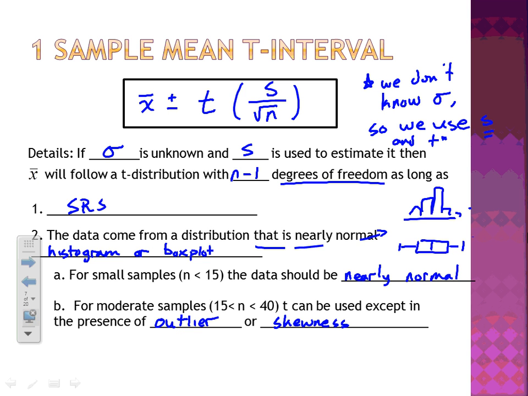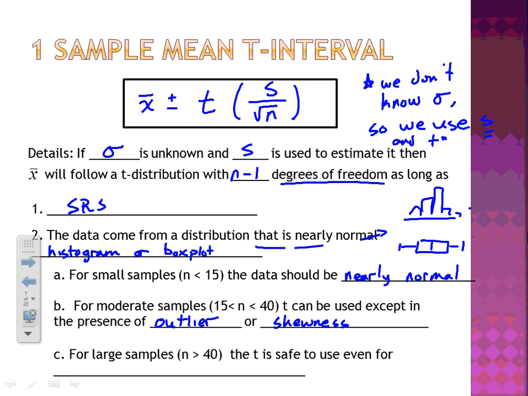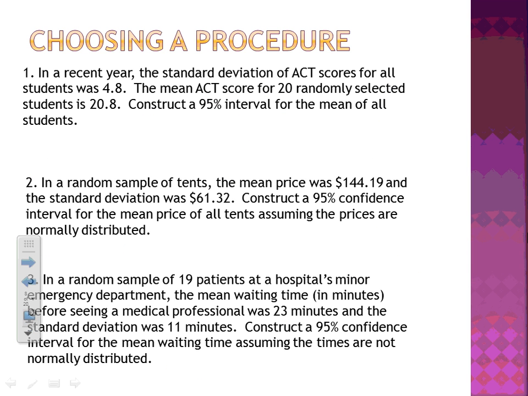If data is really, really skewed, we're a little bit skeptical about using that. But if we have big samples, we've talked about this before, I'll say it again, big samples take care of everything. Even if things are heavily skewed, big samples, they'll take care of themselves. So that's the idea.